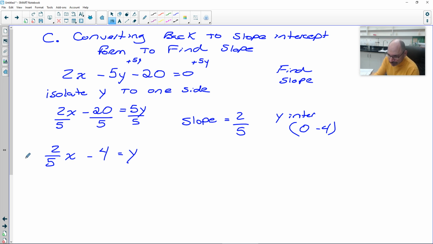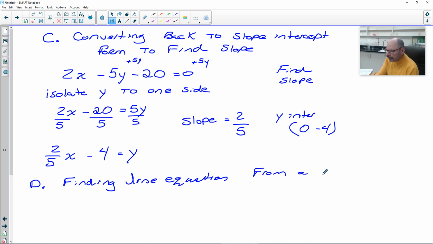So that's D. Finding the line equation from a graph or statement.